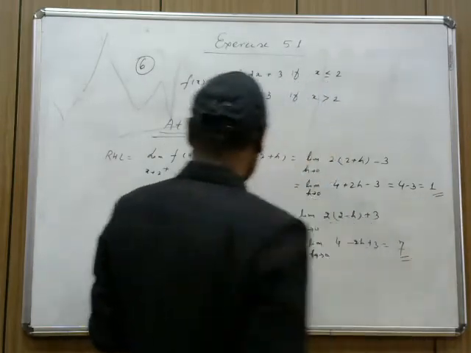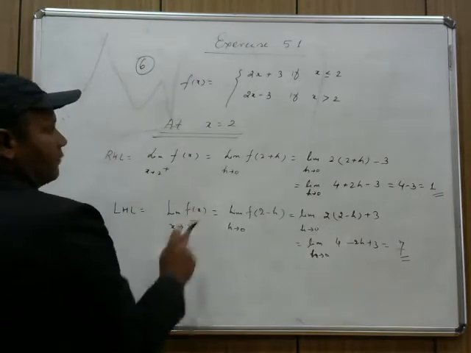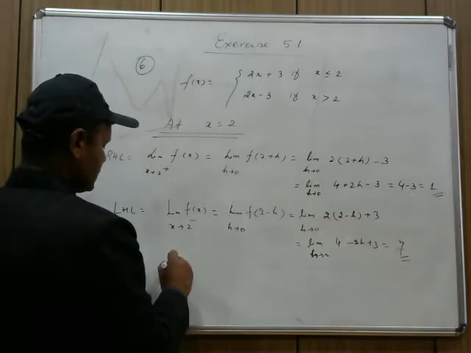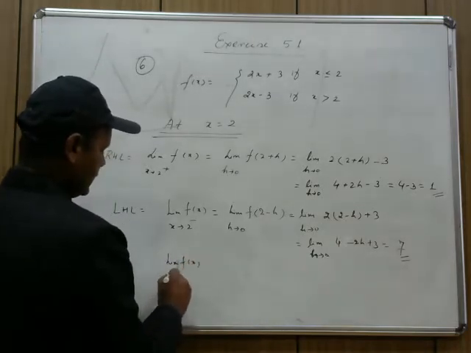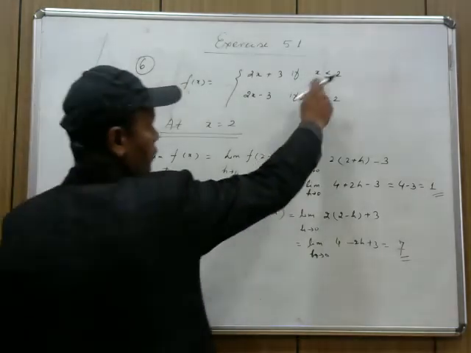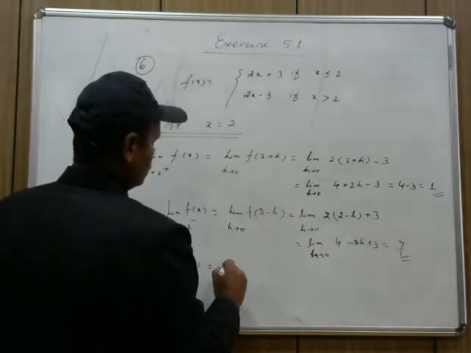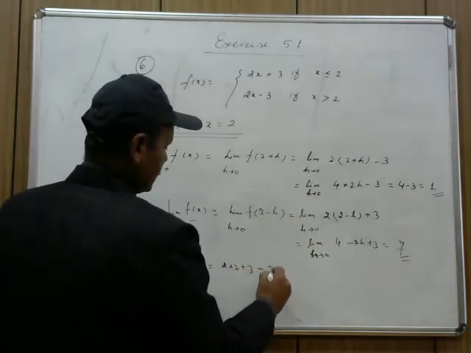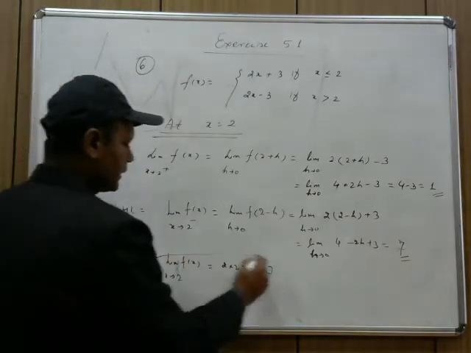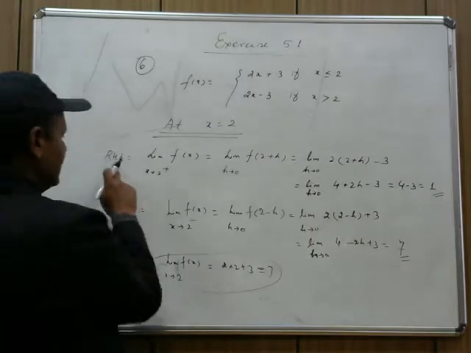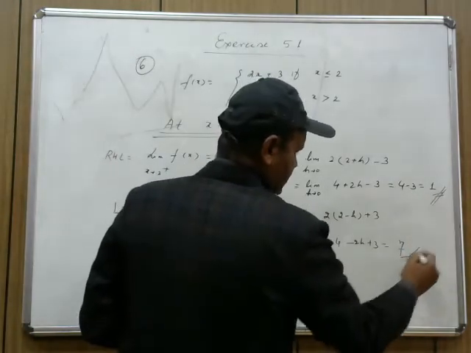Here it is 1, here it is 7. If I check for f of 2, for x equal to 2, this is the function, again I will get 2 into 2 plus 3, and that is equal to 7. That means here there is no need to do this part. I can simply write now that LHL and RHL are not equal. Here I am getting 1, here I am getting 7.